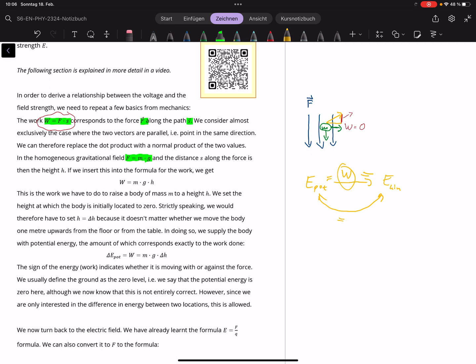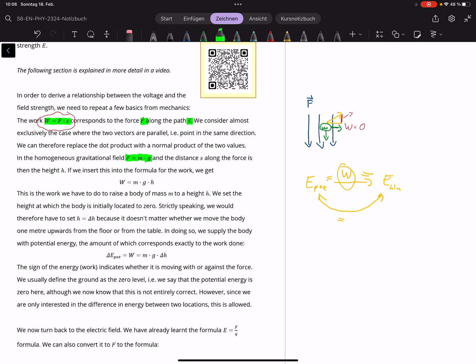So work has the same units, and therefore it must have the same value as the energy in that case where it's converted.